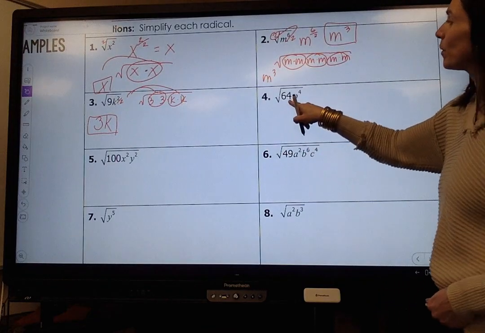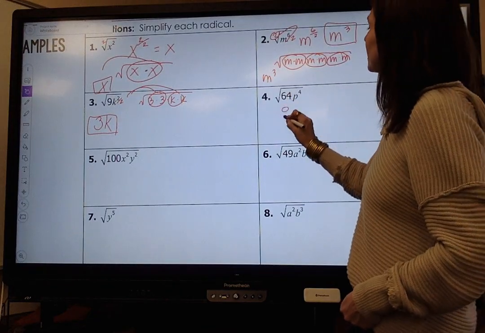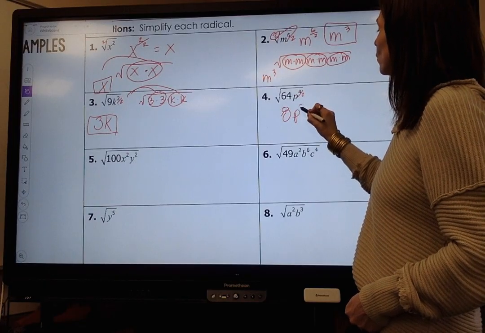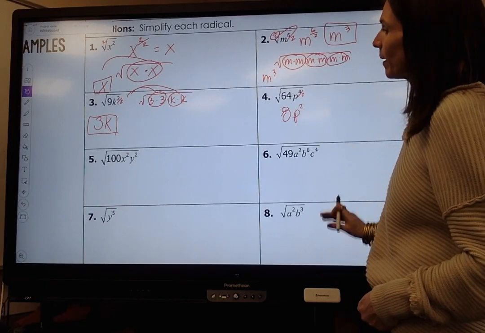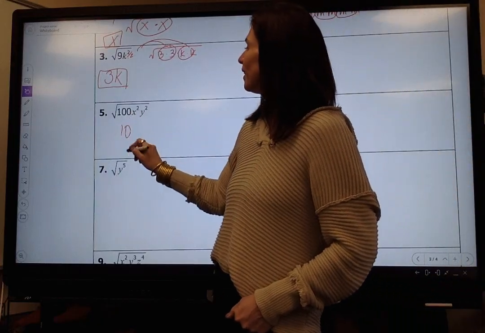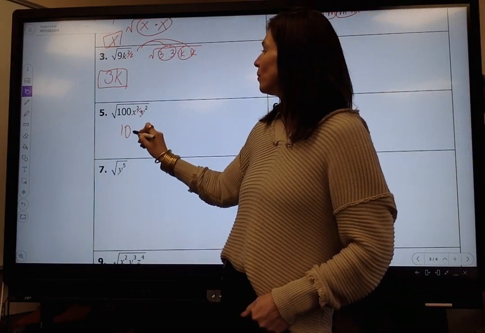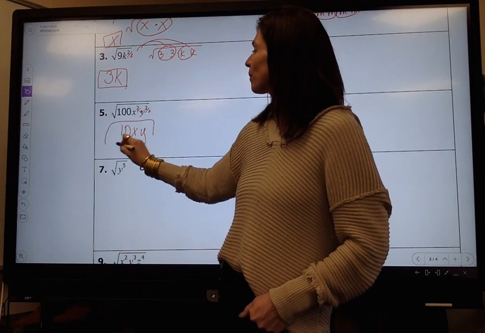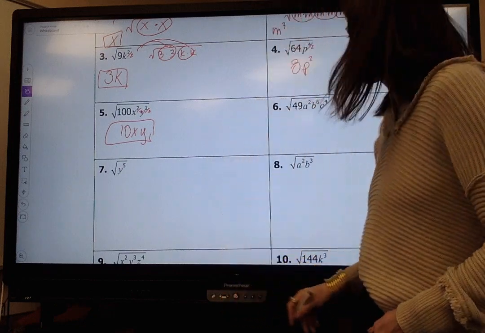Okay, I know square root of 64 off the top of my head is 8, and then I'm using the rule 4 divided by 2, and I get p squared, and that's my answer there. Number 5, square root of 100 is 10, and then 2 divided by 2 is just x, 2 divided by 2 is just y. So here's my final answer, 10xy.